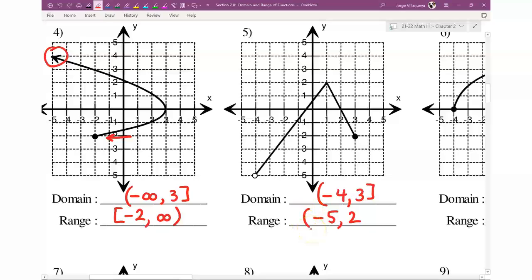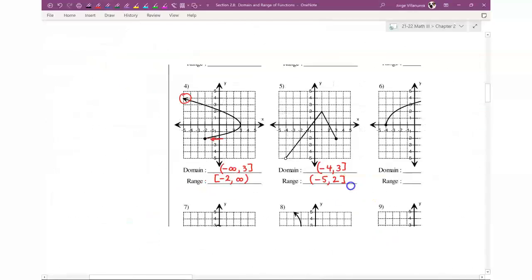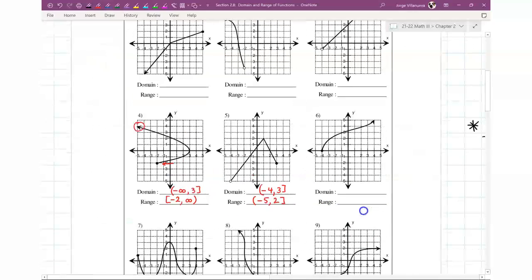Should I include the 2? Well, I don't see any open dots, so that means I get to include it. So there's your domain and range. This is how you do it. You go left to right, bottom up. And then if they ask you, is it a function, then you get to do that.